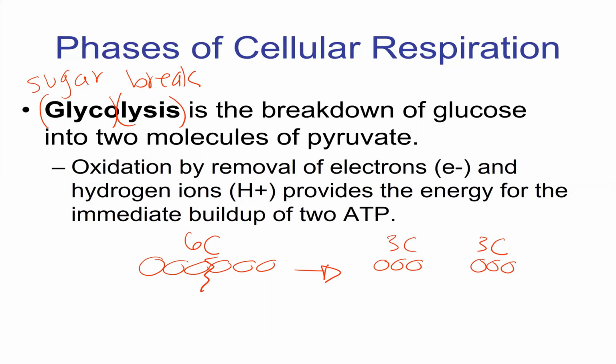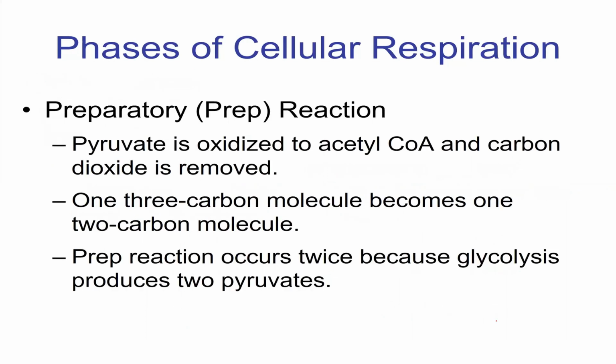Okay, so glycolysis, you're breaking glucose in half. A 6-carbon molecule becomes 2 3-carbon molecules that are called pyruvate. Okay, so glucose becomes pyruvate in glycolysis.